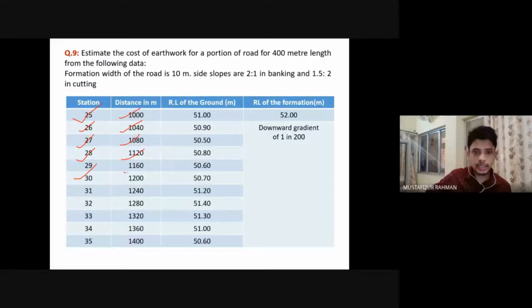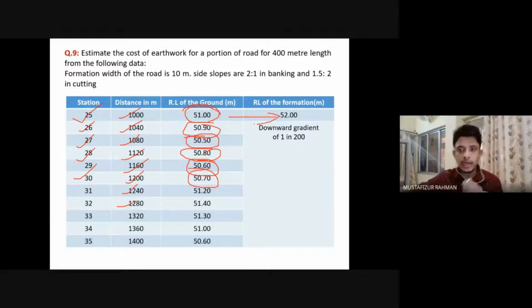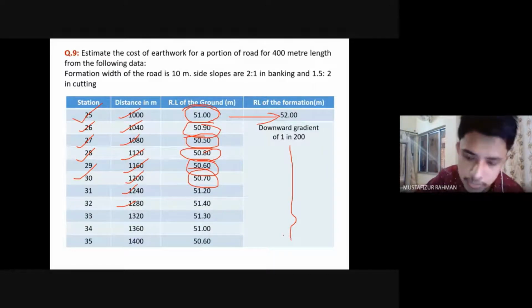These are the chainages from the beginning of the survey work. And then this is the RL of the ground that we have found from our survey. So those things are given to us. And at the starting point, we are given the RL of the formation level, and the gradient is given to us. It is the same for every distance in this case.